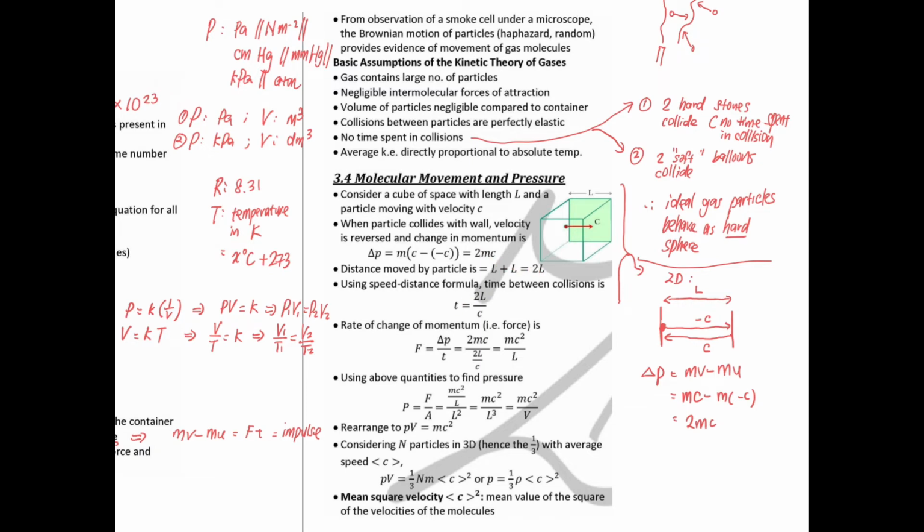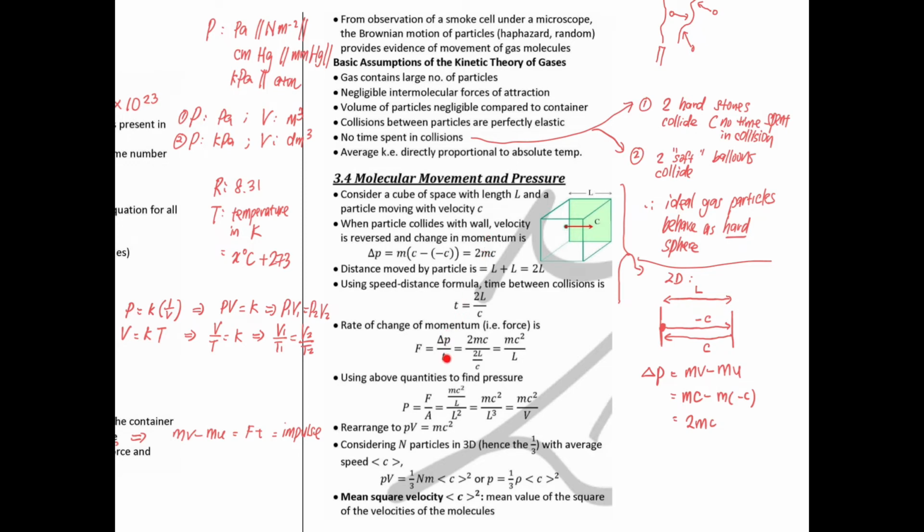And now, rate of change of momentum. Rate of change of momentum is change of momentum over time. Change of momentum over time is actually force. As you can see the impulse formula here, change of momentum is Ft. If you bring the t down, it becomes force. So force is change of momentum over time. Change of momentum we know is 2mc. We substitute on top.